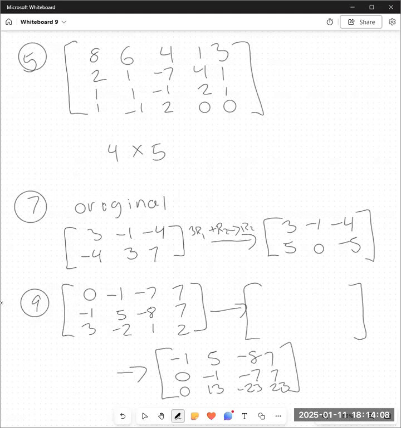So the first thing that I see that we've done is we've swapped row 1 and row 2. That's my first step. And then my second step is I've changed row 3.